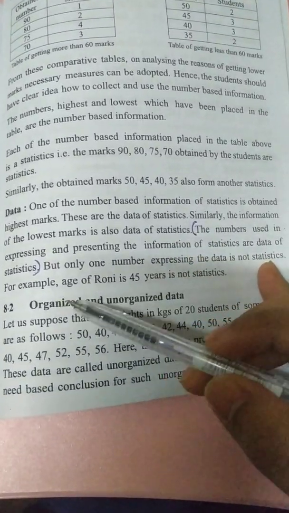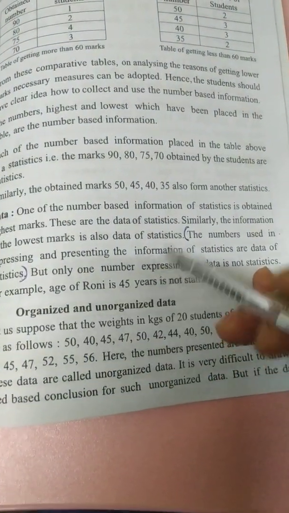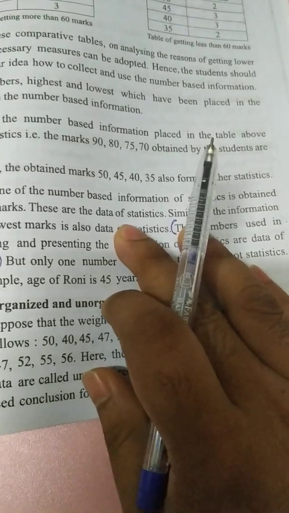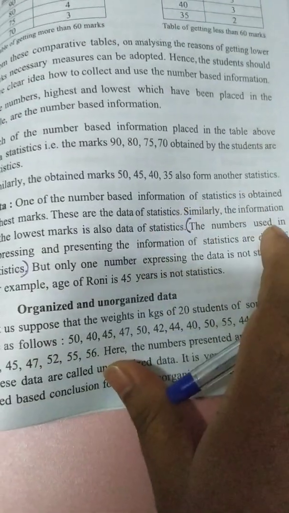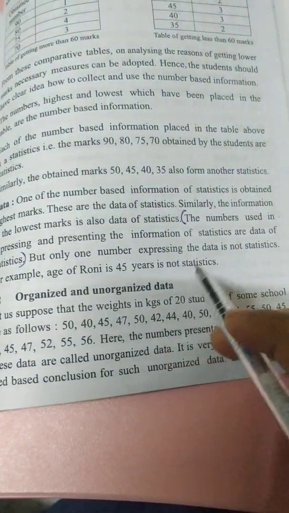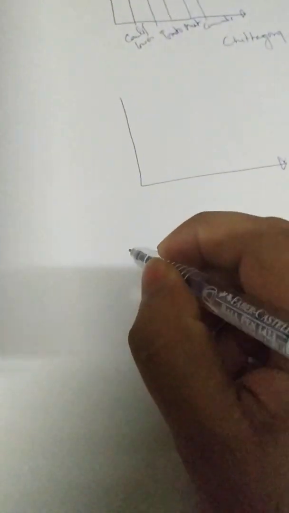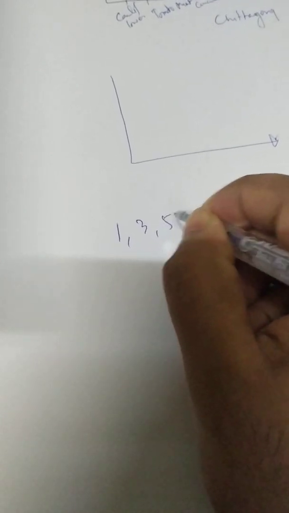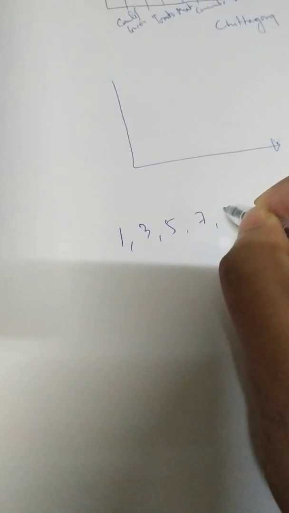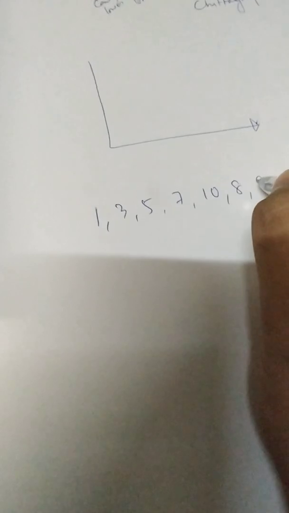Next, let's move on to our next topic, that is organized and unorganized data. This is very simple. What is organized data and what is unorganized data? Let me give you an example. Suppose 1, 3, 5, 7, 10, 8, 9.